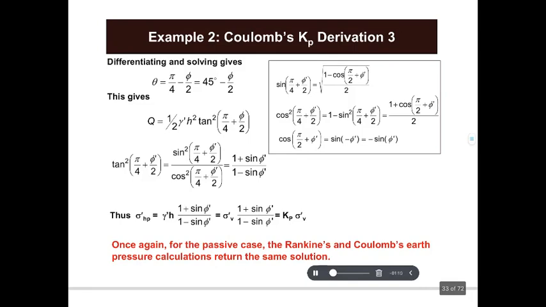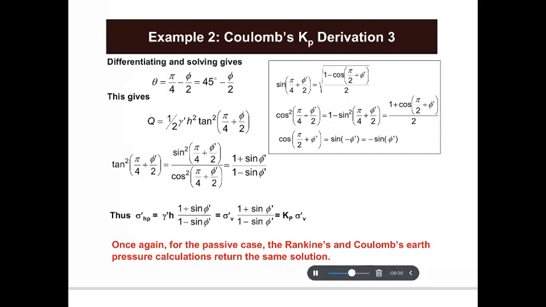After we obtain the lateral force, we need to differentiate it to get the critical slip angle, and it shows that the critical slip angle is equal to 45 degrees minus phi over 2. There is a minus sign here because it is different from the active state, where theta is equal to 45 degrees plus phi over 2.